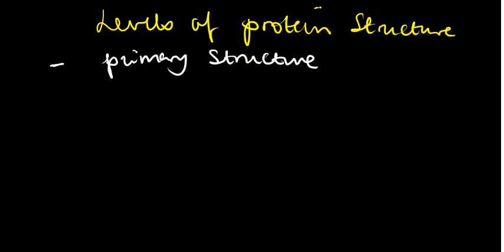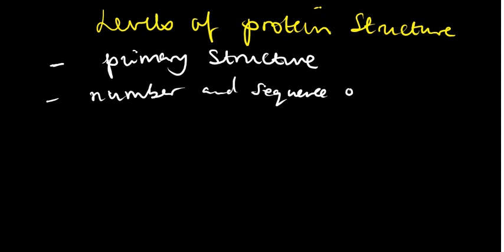So when you talk about this primary structure, it is simply the number and sequence of amino acids. These amino acids, remember, are held together by peptide bonds.